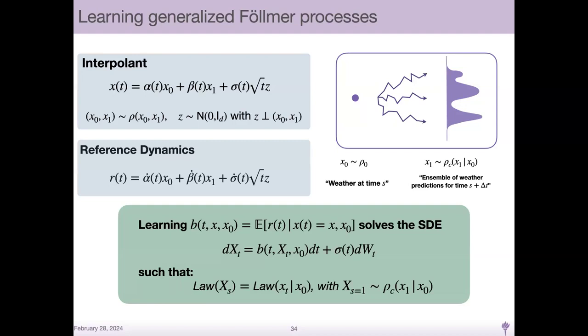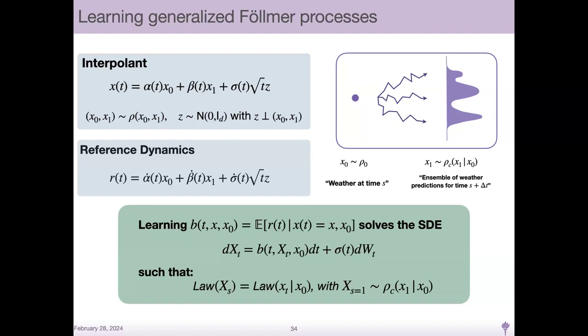It's just about almost taking the time derivative of xt, like we've been doing this whole time, but we leave in this factor of square root t. And if we balance things correctly, then we can say there exists some drift, some velocity field b, that is also a conditional expectation in its analytic form.